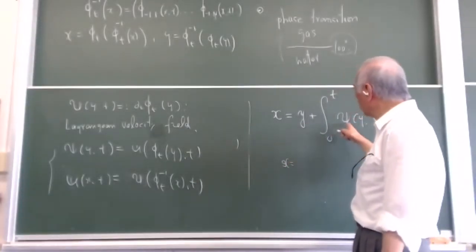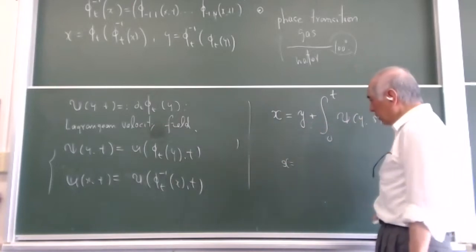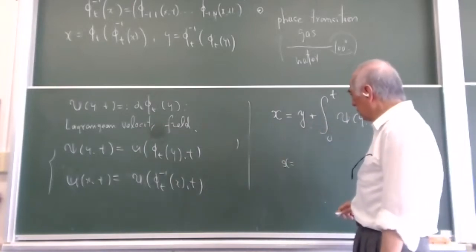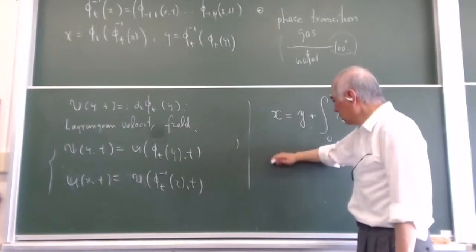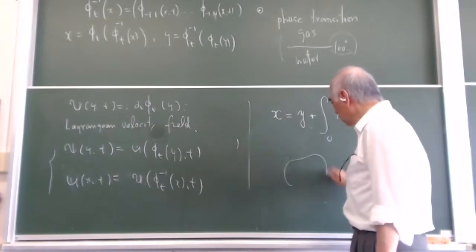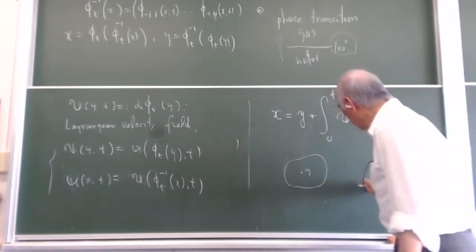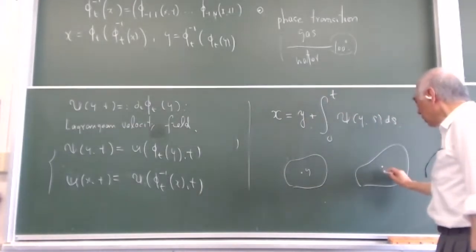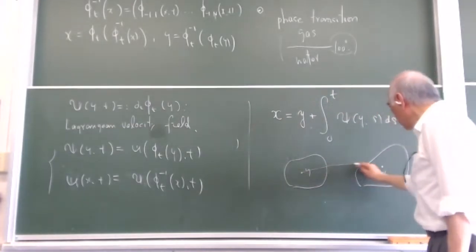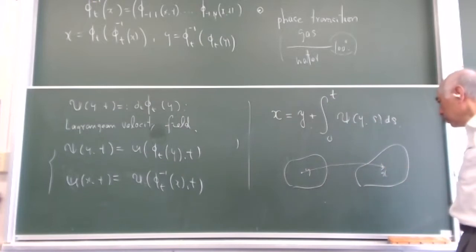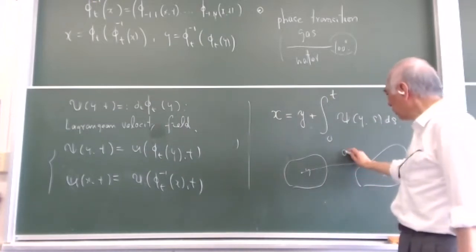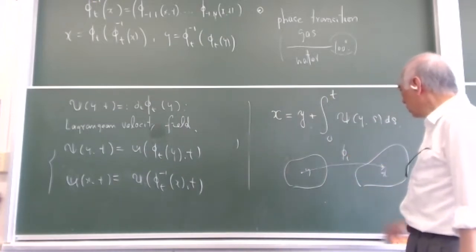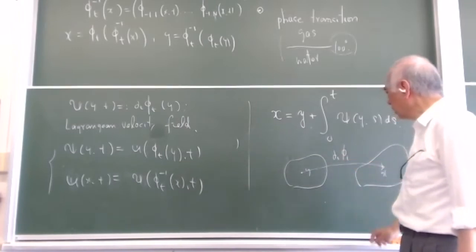Because x starts from y. It's okay. X is counted here. Then the velocity field is d_t phi_t.